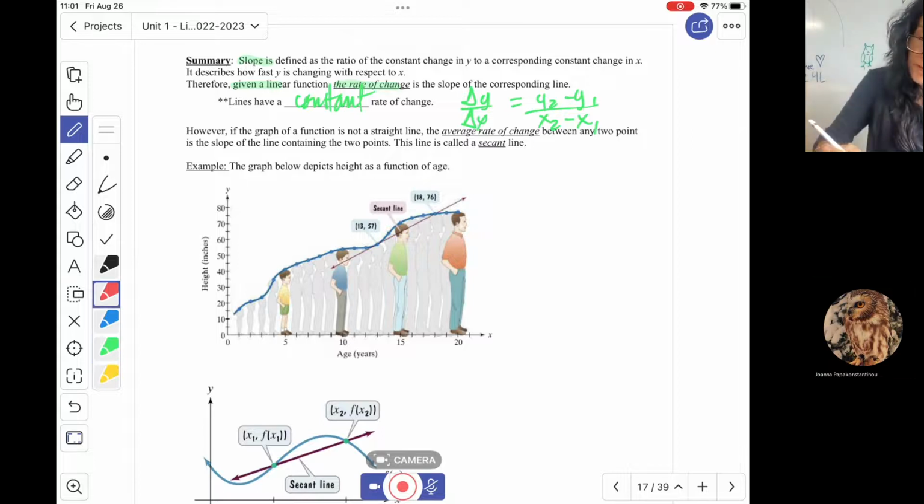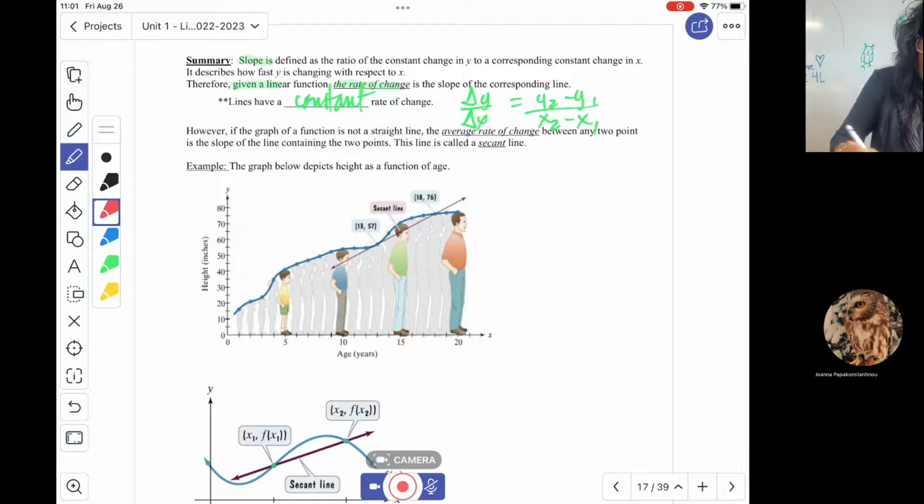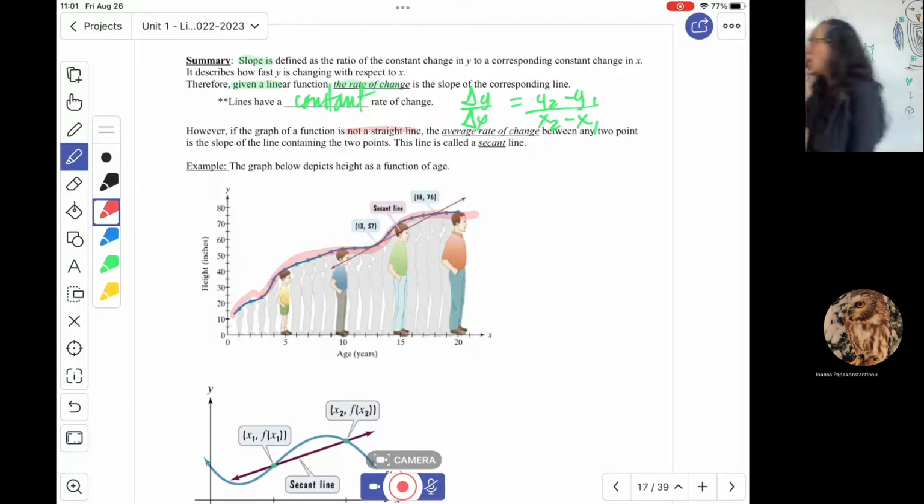However, if we are dealing with a non-linear function, if it's not a straight line, I don't have a constant rate of change. However, I can find what is known as the average rate of change.